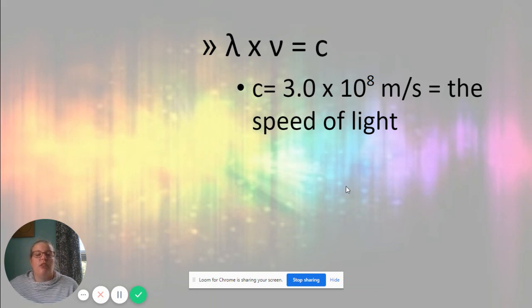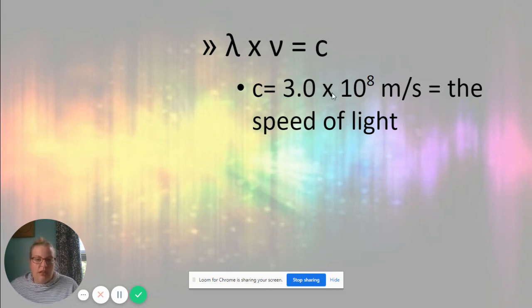C is 3.0 times 10 to the 8th meters per second. It's the speed of light. It's really, really fast. On the equation sheet that I handed for you, you'll see it as 2.998 times 10 to the 8th meters per second. That's the speed of light. All I did was I rounded a little bit. You are not going to have to worry. I just used 3 times 10 to the 8th because it's easier.